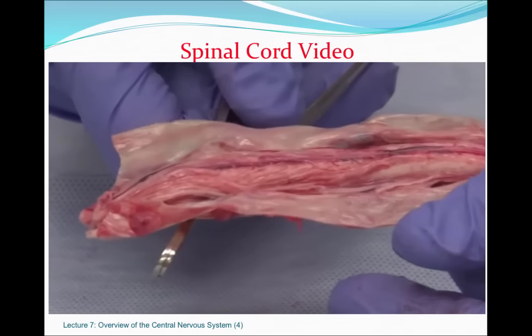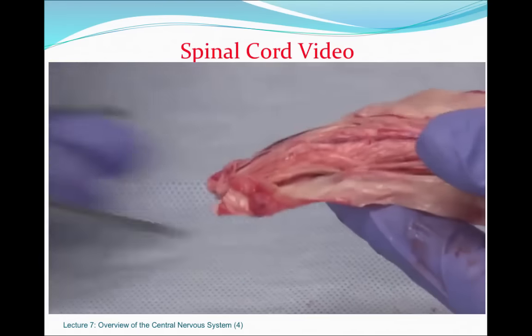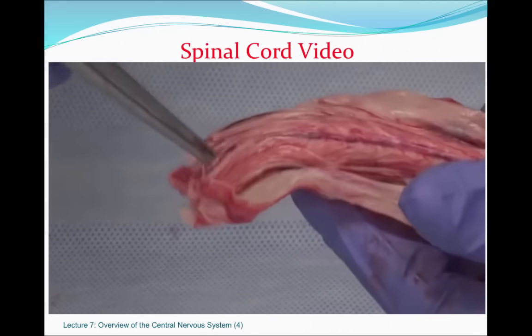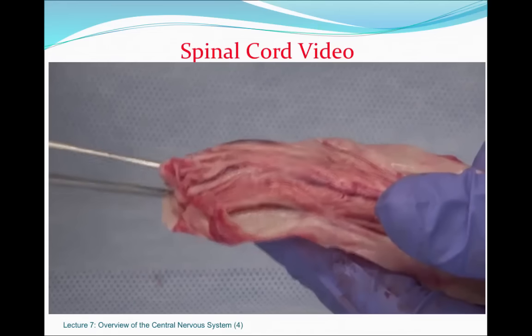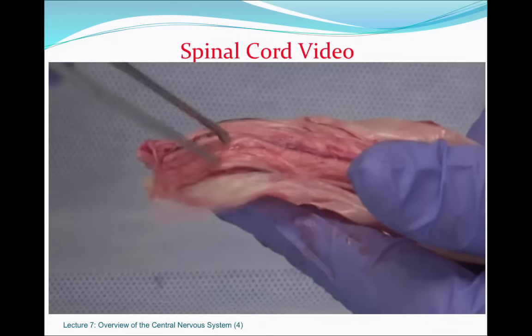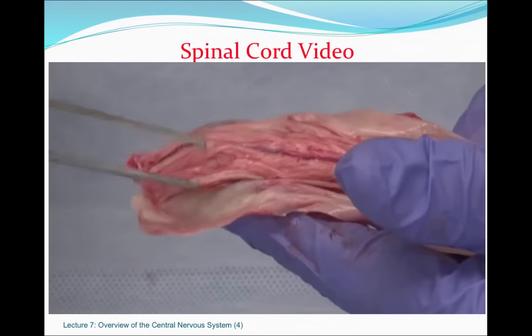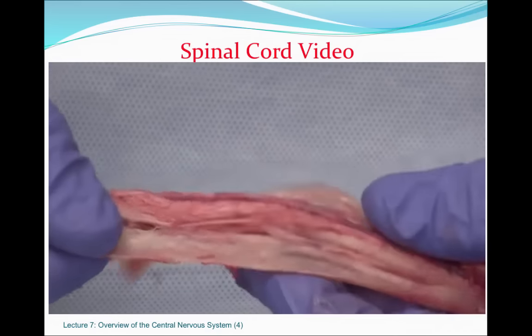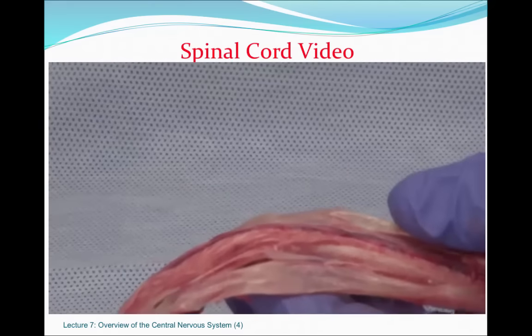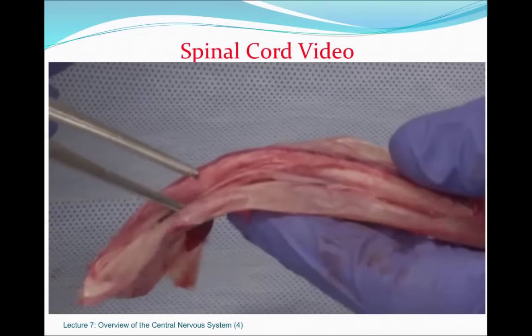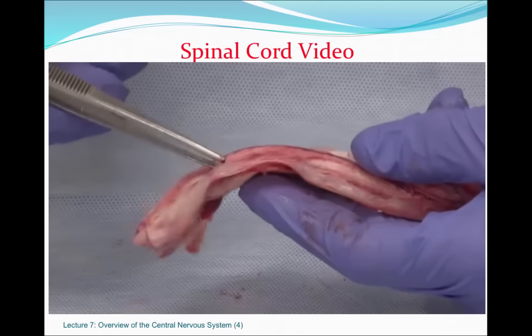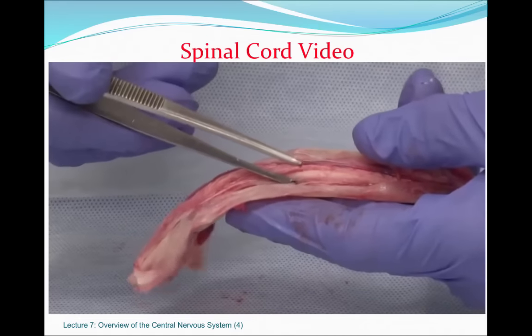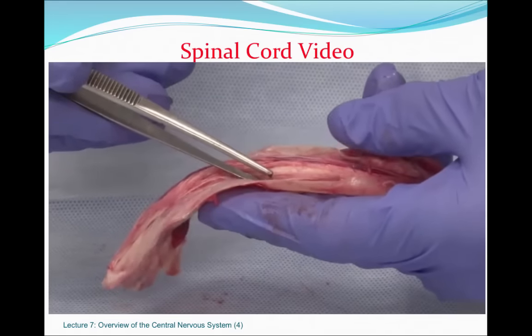Now we're looking at the cauda equina and the tip of the spinal cord. Here's the conus medullaris, and here are the elongated dorsal and ventral roots, and you can see that they are running to emerge. Here would be one spinal level, probably a lumbar, and here is another one here.